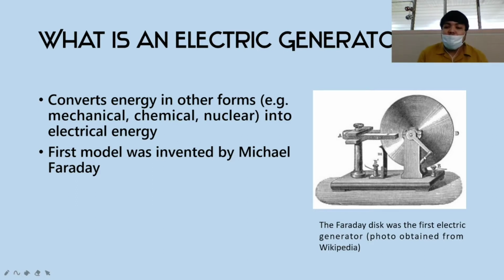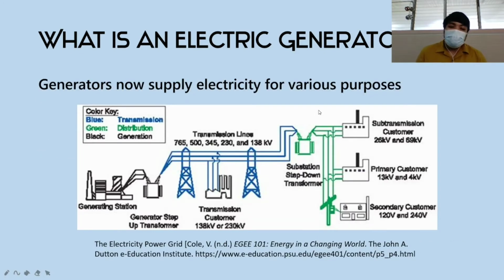The electric generator has gone a long way from the inefficient and rather primitive Faraday disc into these huge generators that now supply virtually the whole society. So if we see here that the electrical energy generator is converted from other sources, it now powers not only residential but also commercial and industrial sectors.